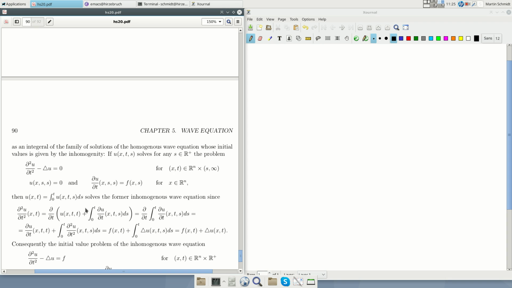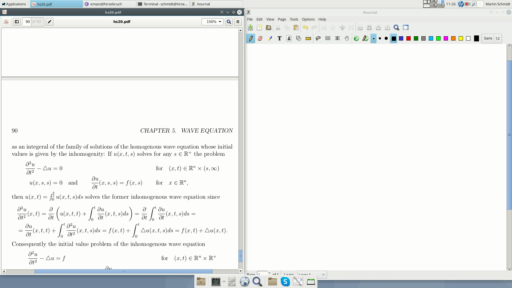But now we can calculate the second derivative. We calculate it by the fundamental theorem of calculus for this integral. We have two places where this depends on t: at the upper bound of the integral, and inside the integrand. So we get two contributions.